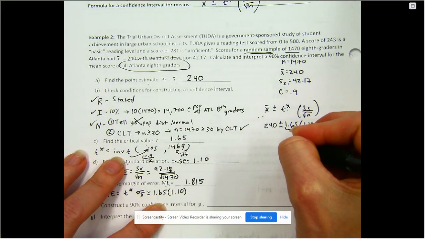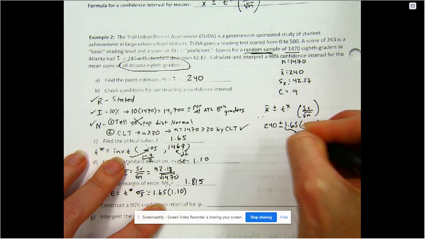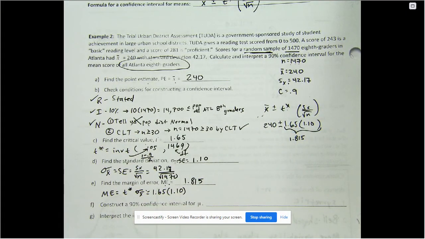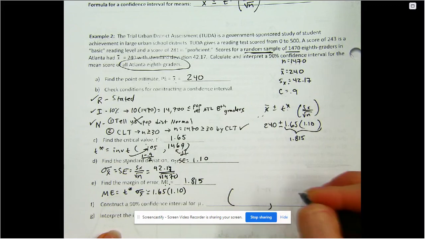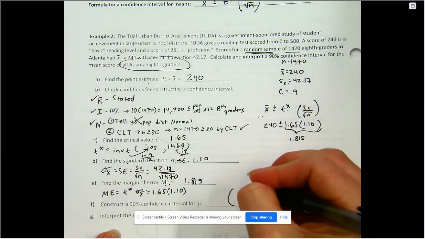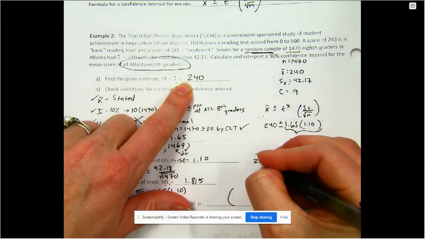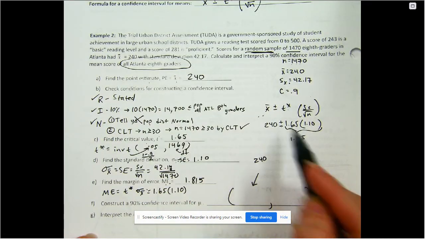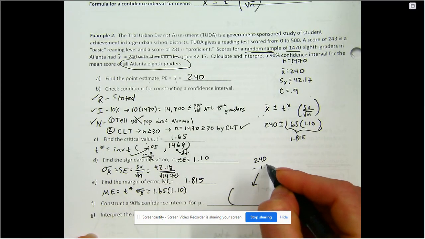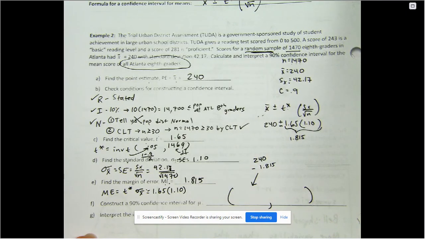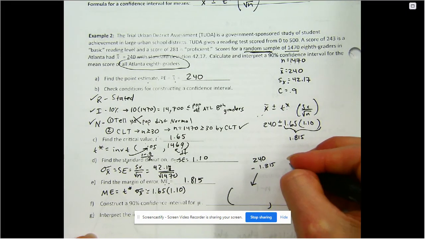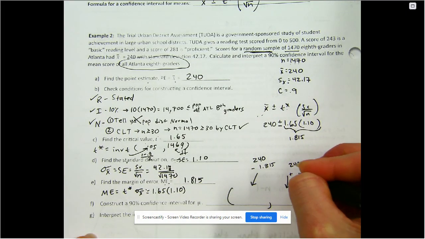My margin of error is 1.815. Now it said construct that interval. So remember, to construct the interval, we take our point estimate, which in this case is 240, and we subtract my margin of error, 1.815, to get that lower value. And to get my higher value, I'm going to take my point estimate, 240, and add 1.815.